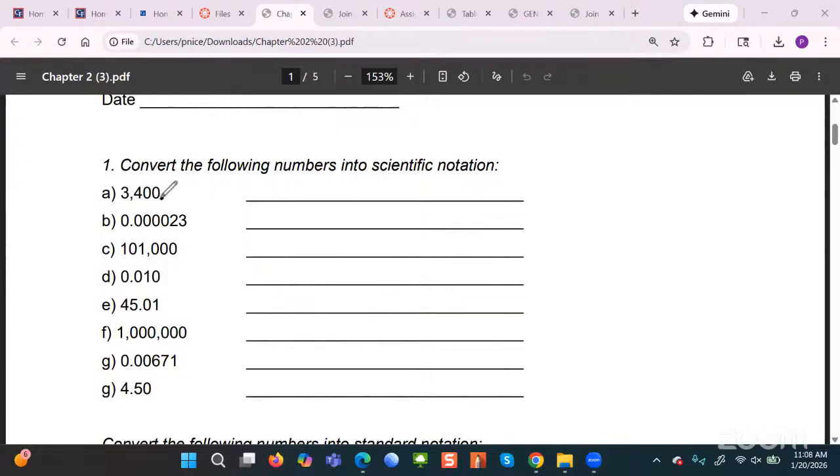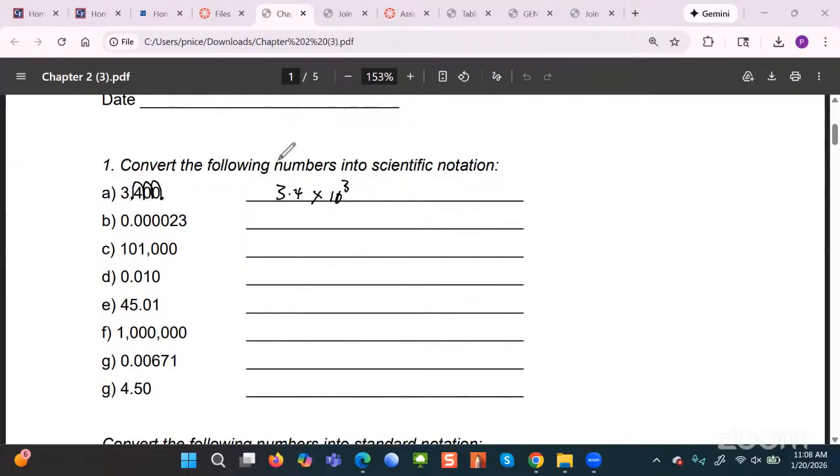So in this case, you have to move the decimal point 1, 2, 3 places to get it right here. The result is that you end up with 3.4, and then you multiply by 10 raised to a certain number, which represents the number of decimal places that you moved it to the left. Since we moved the decimal point 3 places to the left, that will be 3.4 times 10 to the 3.